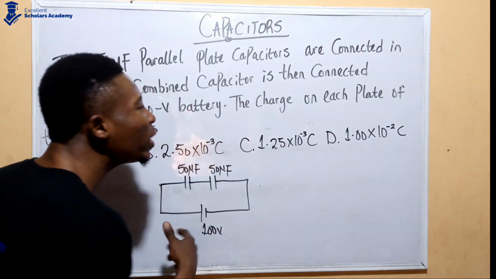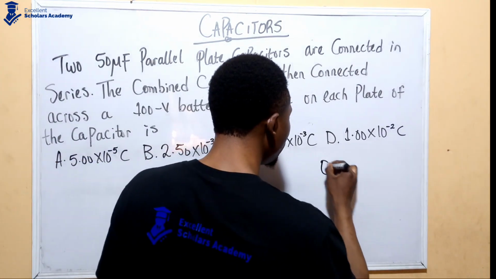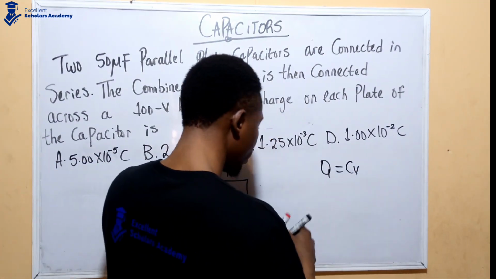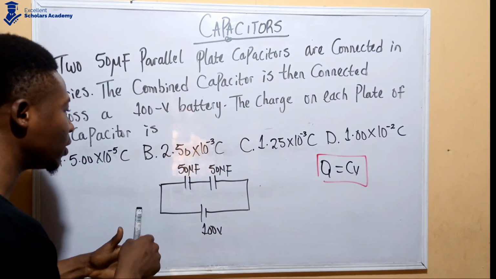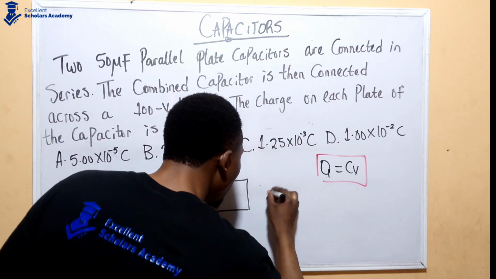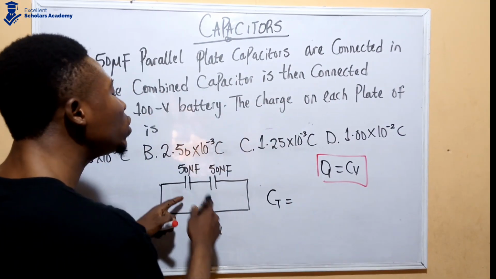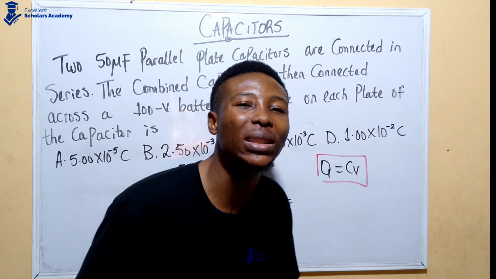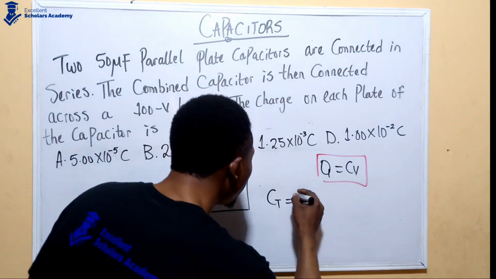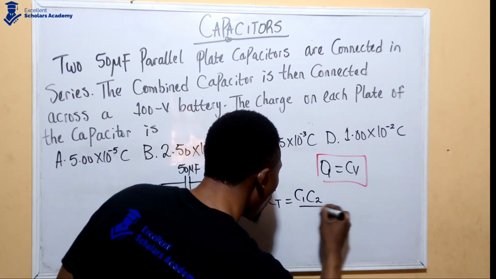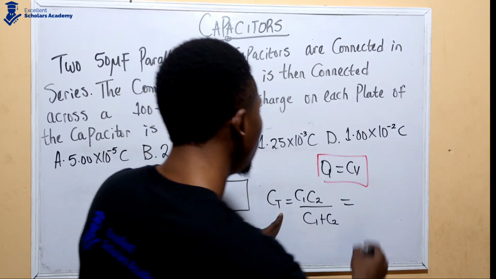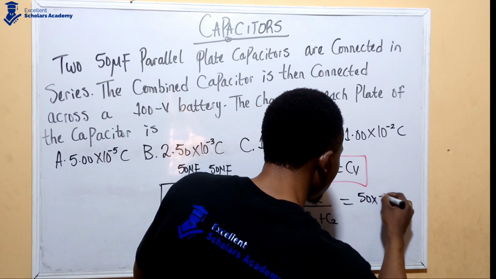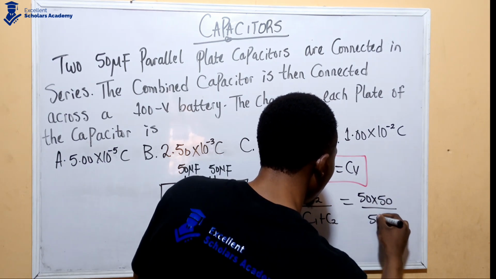Now, before we can find the charge, of course, Q is equal to CV. We have to find the total capacitance of the capacitors. I told you that for two capacitors connected in series, we can use the formula C1 C2 over C1 plus C2. So that's going to be equal to 50 times 50 over 50 plus 50.